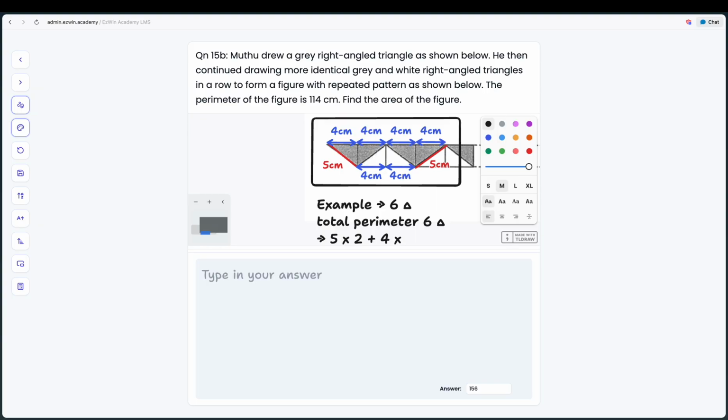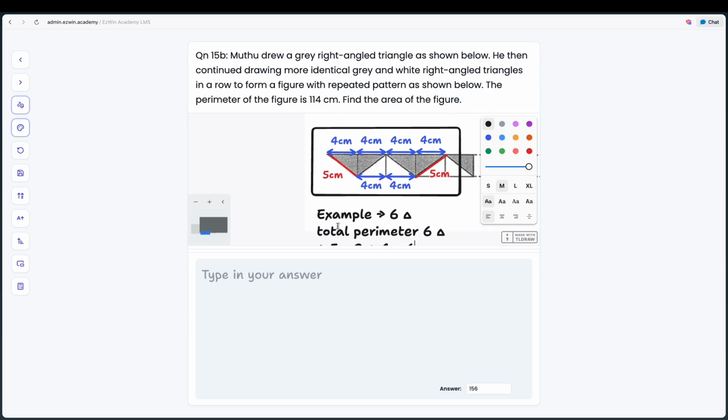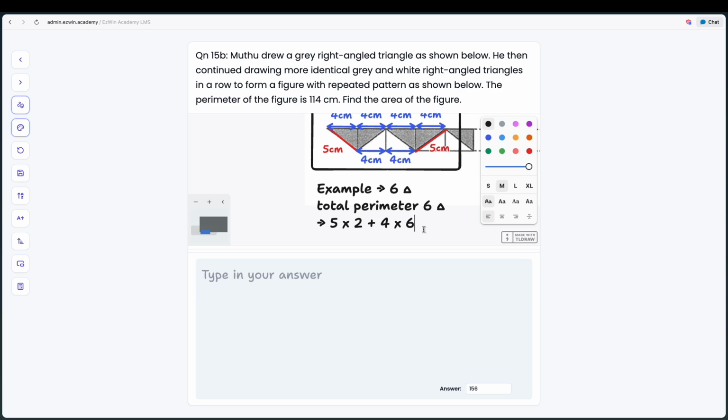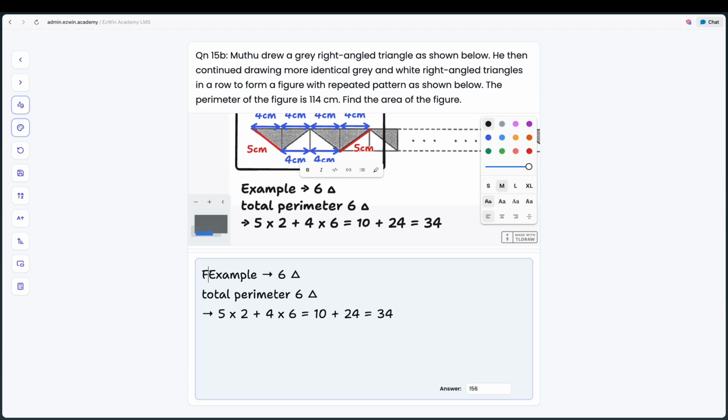Correct, 4 times 6, right? This will give us 10 plus 24, which gives us 34. That's what I see over here. So for example, we have 6 triangles, and the total perimeter is this.